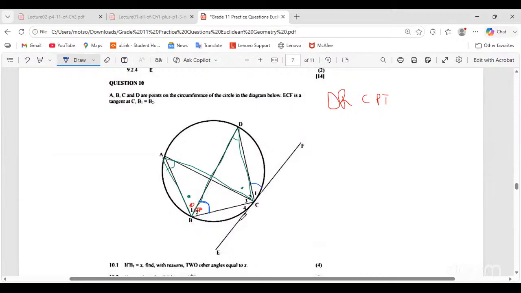And also on this side, angle C4 is equal to angle D, reason being tan chord theorem. We come to this angle, C1 plus C2, between the tangent and the chord, which is equal to the angle in the triangle opposite that chord. Therefore, it is equal to this angle, reason being the tan chord theorem.